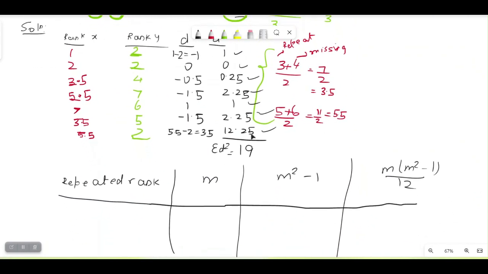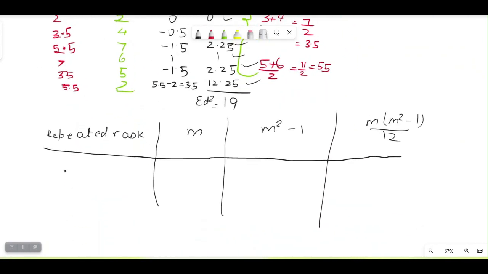So see how we are going to write down. In series X, it is rank 3 that is repeated. In series X, it is rank 5 that is repeated. Now, what is M? M is the number of times the rank is repeated.